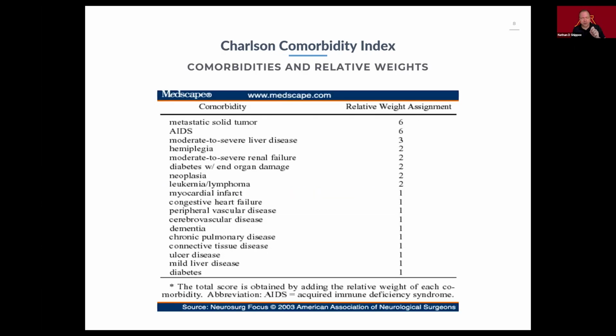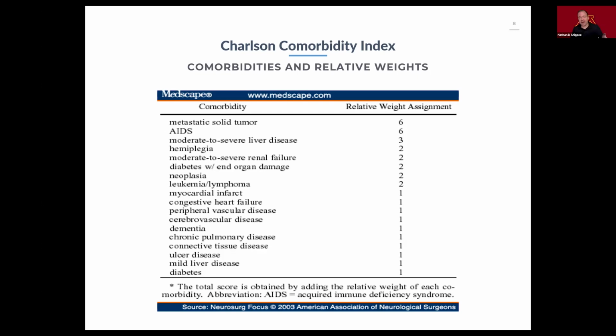Let's talk about the weights here for now because we're going to switch over to Elix-Hauser. So these weights are assigned based on relative risk of an outcome. Originally that might be death, for instance, in the original Charlson, but if you were to adapt these, you could take these conditions, put them in a model, and get their relative risk of whatever outcome you're looking at.